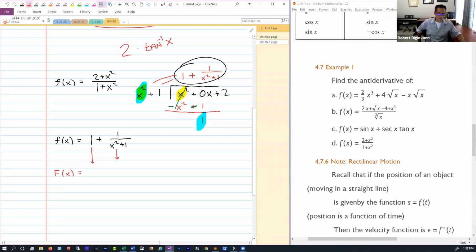So what's the antiderivative of 1? Think about it. What do you take the derivative of to get 1? X. X, okay. And then plus, now this next one? Arctangent. Arctangent. And then plus C. Plus C. We're done. Boy, that was a lot easier.